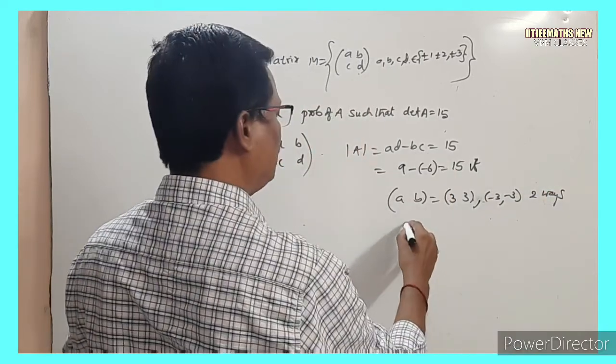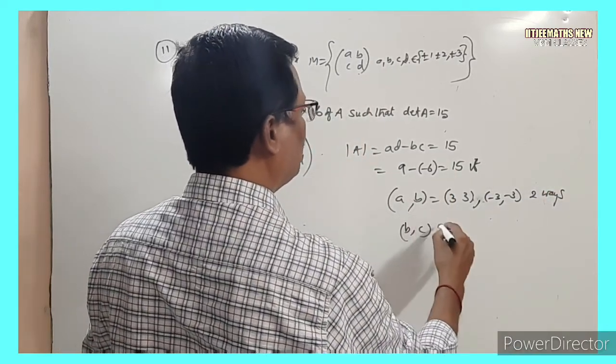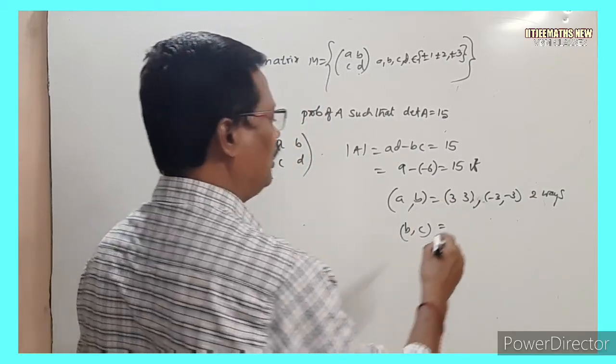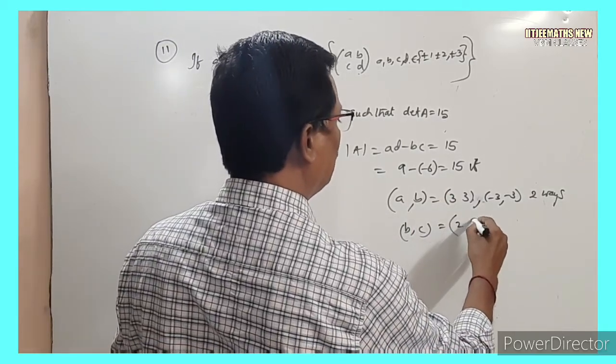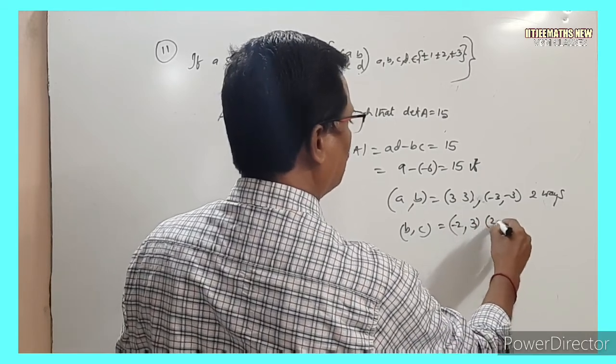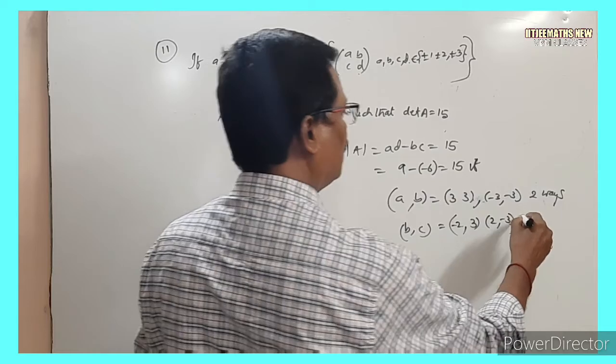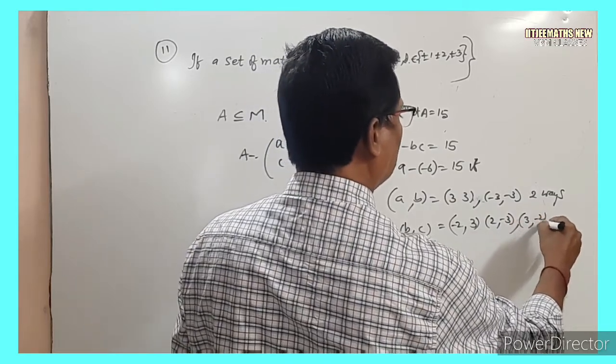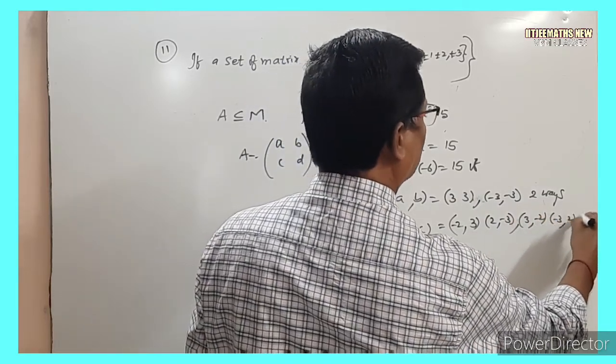What about BC? BC may be 2 comma minus 3, minus 2 comma 3, 2 comma minus 3, 3 comma minus 2, minus 3 comma 2, four ways.